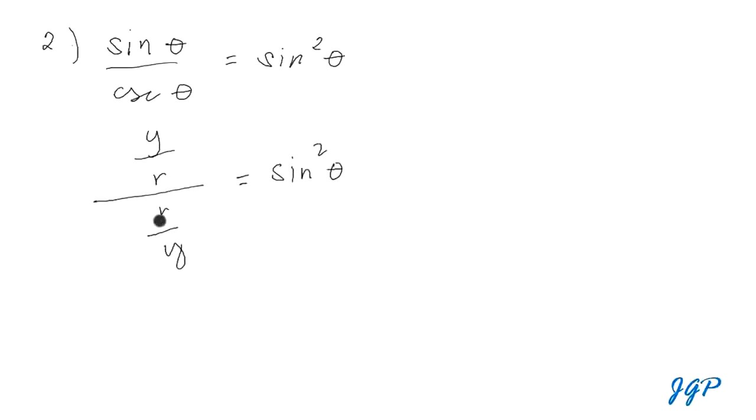Okay, let's simplify this one. So y over r, we'll just simply copy the numerator, change the operation to multiplication, and then change our denominator to its reciprocal. So y over r, equals sine squared of theta.